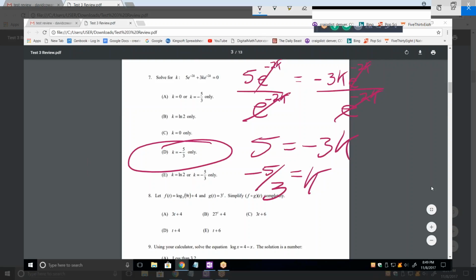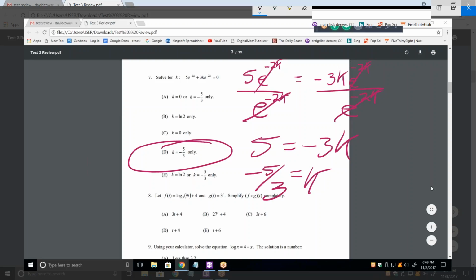In other words, I'm trying to figure out the fact that I divided both sides. You have to be a little careful. This is a subtle point, but when you're solving an equation and you're dividing both sides by something that might be 0, you made a big mistake. You don't want to do it like that. In fact, the only reason I was able to do it here was because there's no way that e to the minus 2k can be 0.